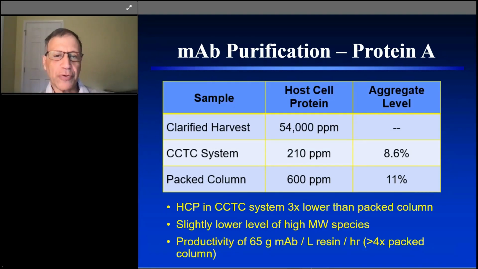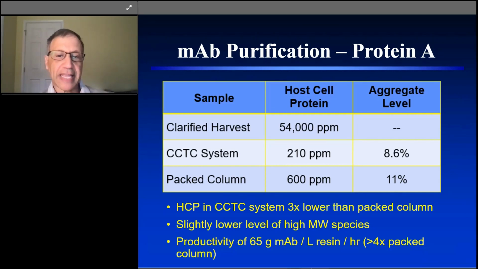We were able to reduce that to 210 parts per million in our CCTC system, which is actually threefold better than what one can do in a packed column operating under the same conditions. We think that was because we actually designed a better washing process for our continuous process, and we actually had slightly lower levels of aggregate.